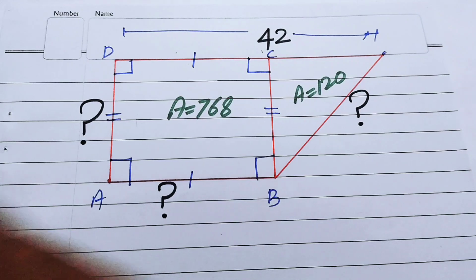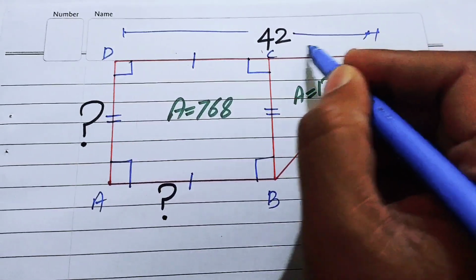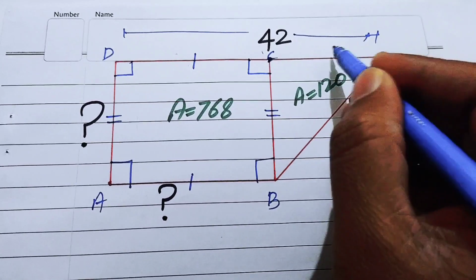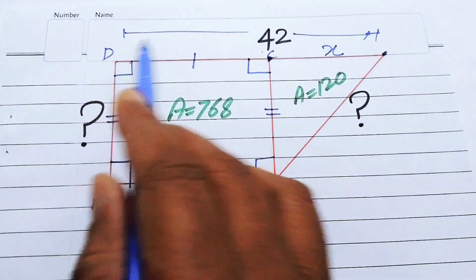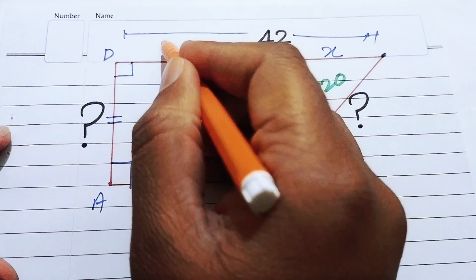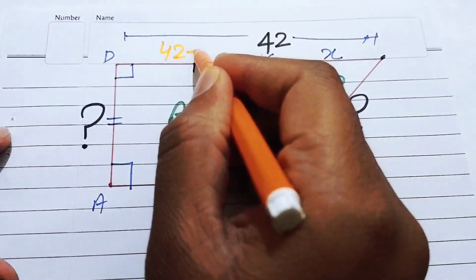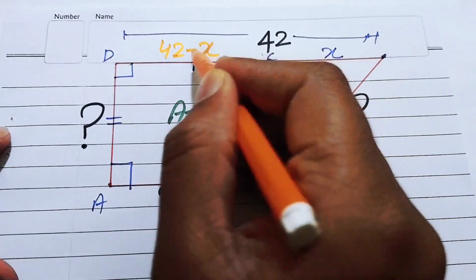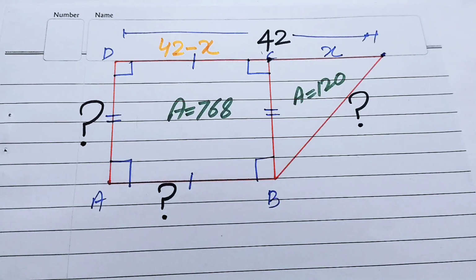Now I can assume that the total side length is 42, and suppose this side length is x. When we subtract x from the total side length, we get the side length of this part, so it becomes 42 minus x.